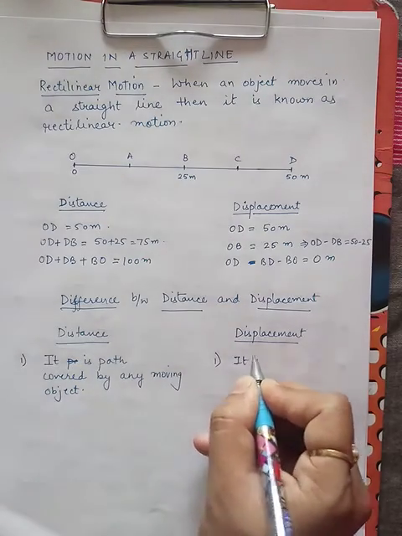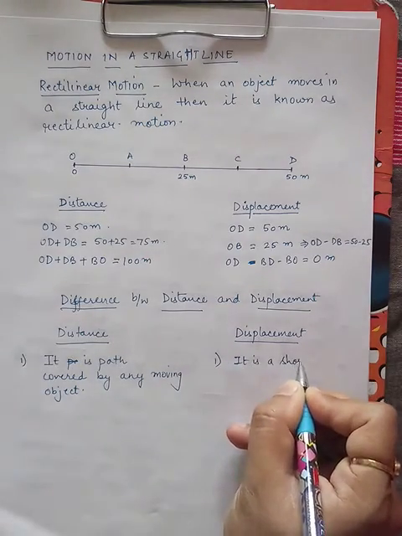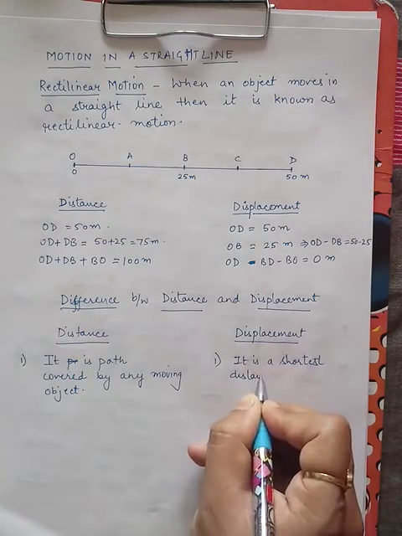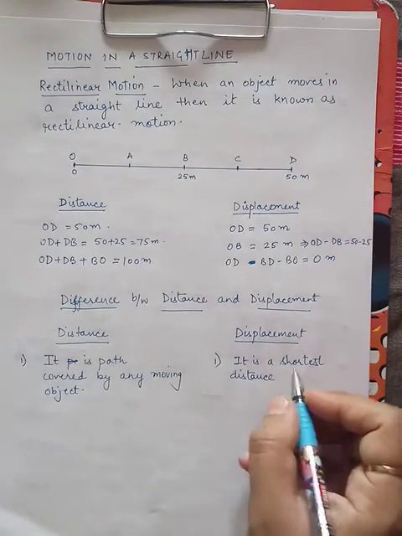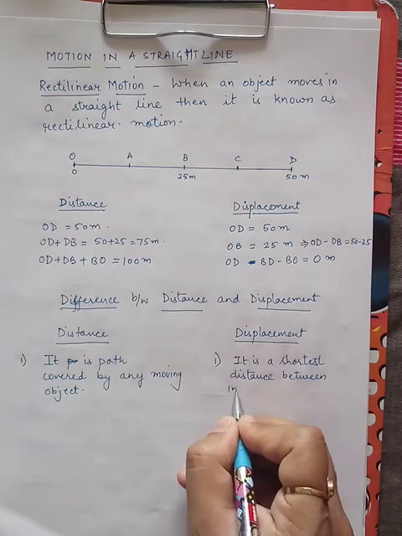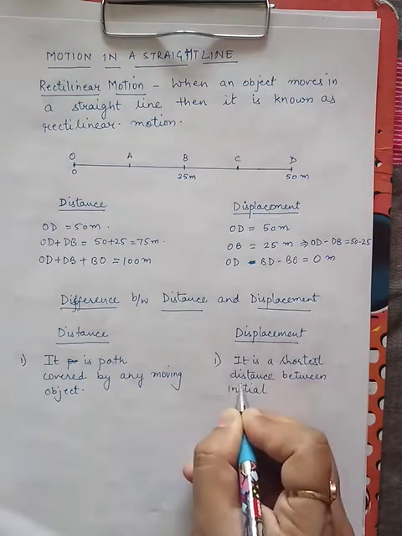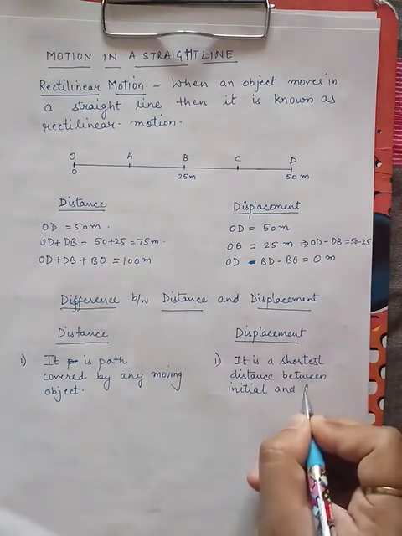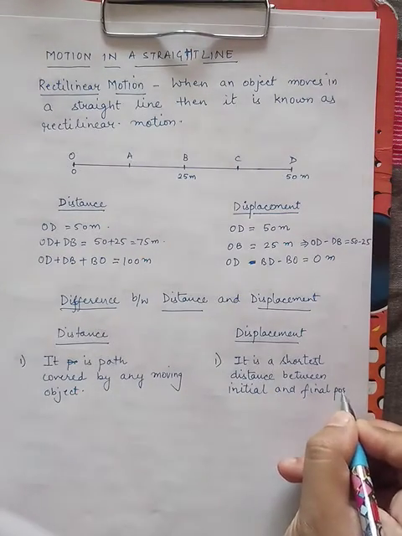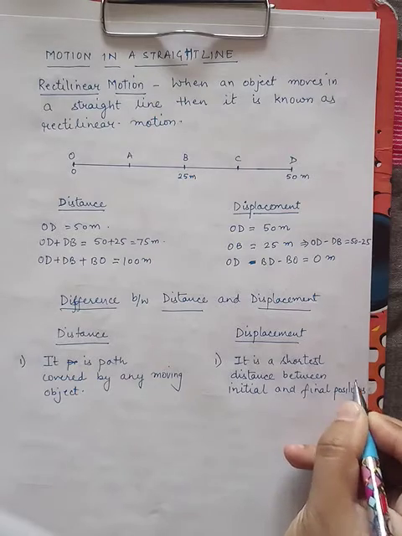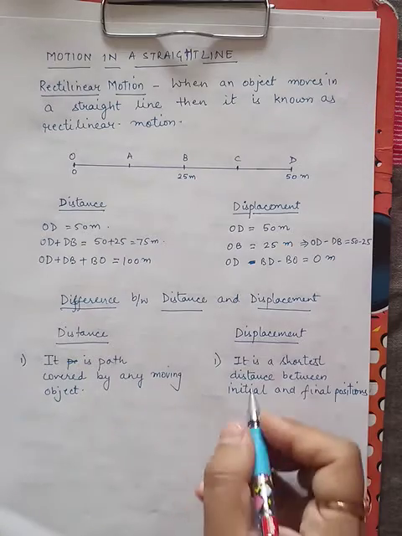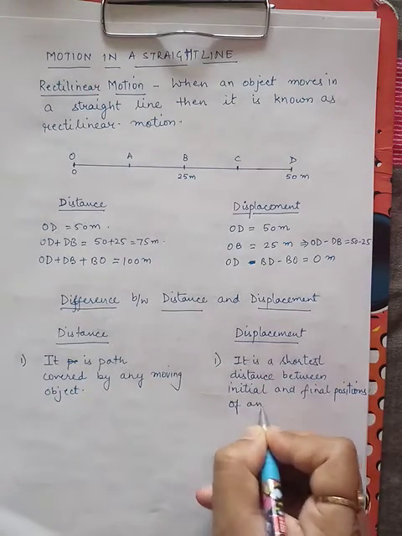It is the shortest distance between the initial and final positions of an object.